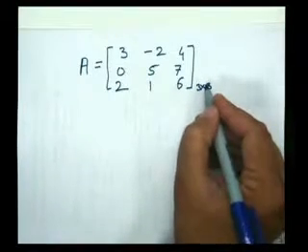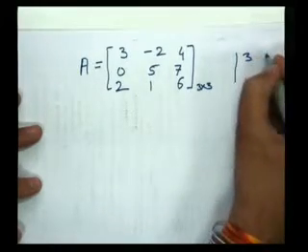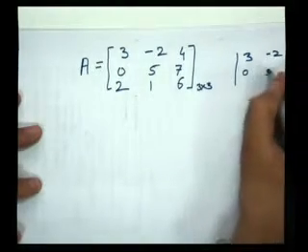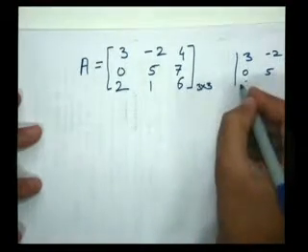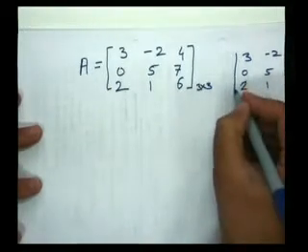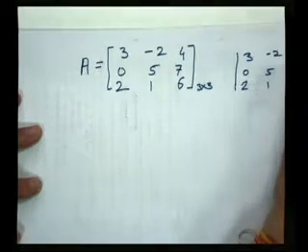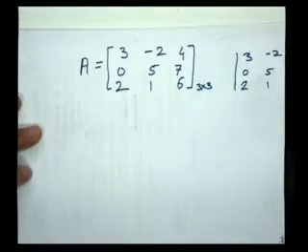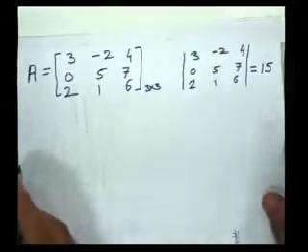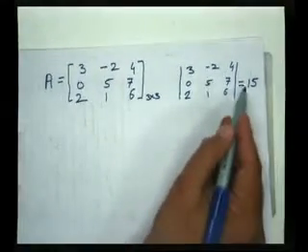So first of all, it should be non-zero, means I hope that you know how to find the value of the determinant of this matrix. So the value of the determinant of the given matrix is equal to 15. Okay. So the value of this determinant is equal to 15.